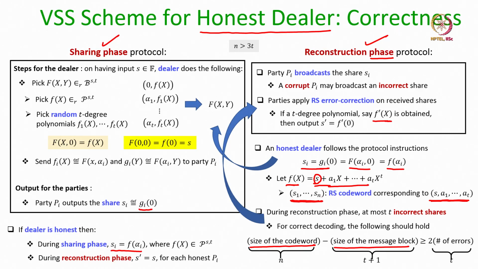So, if this relationship holds, namely n minus (t plus 1) is greater than or equal to 2 times t, then it will be guaranteed that f prime of x is the same as f of x. Since we are working with the condition n greater than 3t, it automatically implies that this condition holds, which further implies that f prime of x is the same as f of x. So, that shows that the correctness property holds.